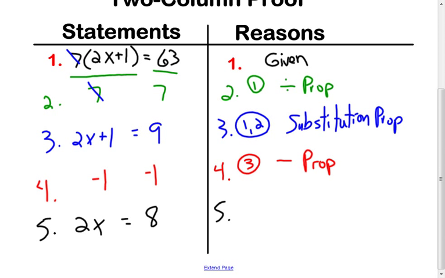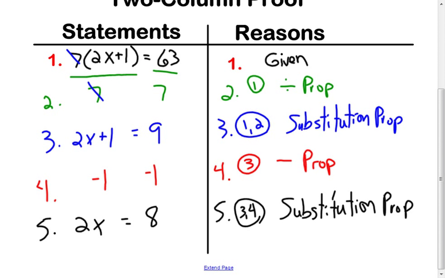Well, I use the substitution property. And that is not how you spell it. Substitution. There we go. And I needed line 3 and line 4 to be able to say that.